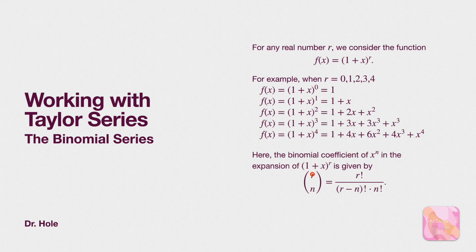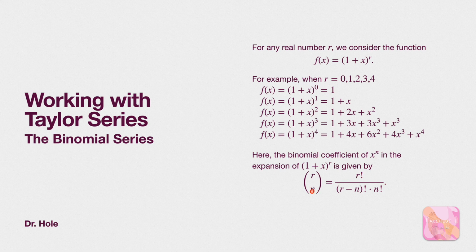Alternatively, instead of using Pascal's triangle, we have this binomial coefficient notation. One way to read this notation is r choose n. This notation r choose n may be evaluated using factorial notation, where we take the upper value, r, add a factorial to it, let that be the numerator.